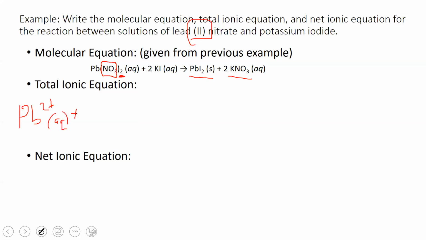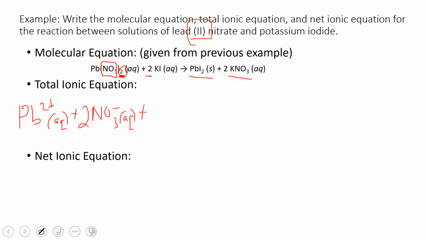But since we know that it breaks apart into a lead ion with a 2+ charge and two nitrates, this subscript out here becomes the stoichiometric coefficient because you've broken it into two pieces. So now you have 2NO3 minus, that's also aqueous. Plus, now you have a stoichiometric coefficient in front of the potassium iodide.